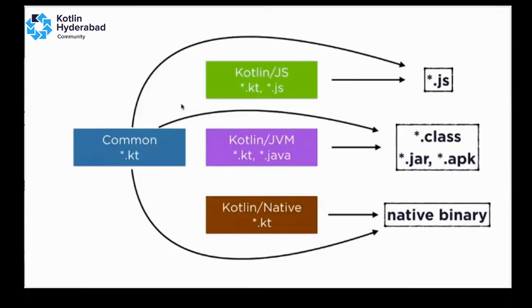If you go to native applications, it can also convert into native libraries such as iOS, Windows, or Mac. There is also a module called the common module, where you can maintain the code which is common among all these platforms. You can keep it there, and Kotlin will take care of converting it into the respective platform.